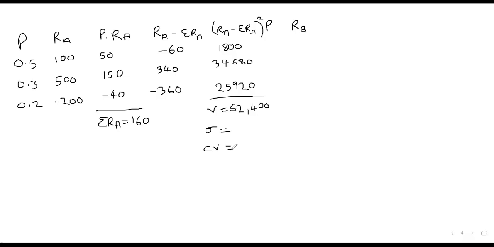Quickly, is it 62,400? Help me, I don't have a calculator. Yes, it's 62,400, and then the square root is 249.79, or maybe we just say 249.80.